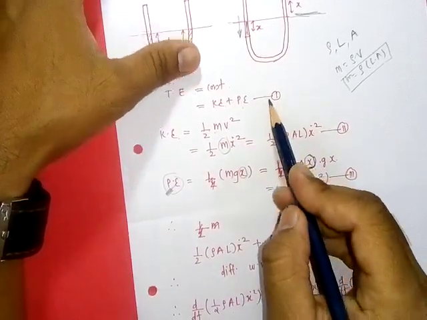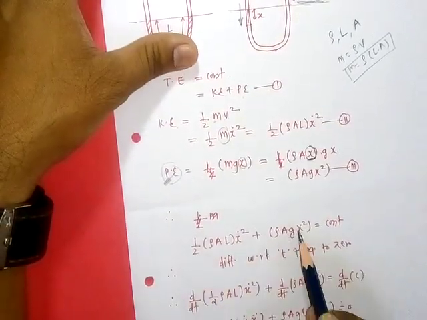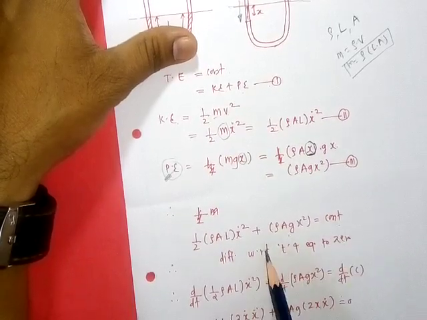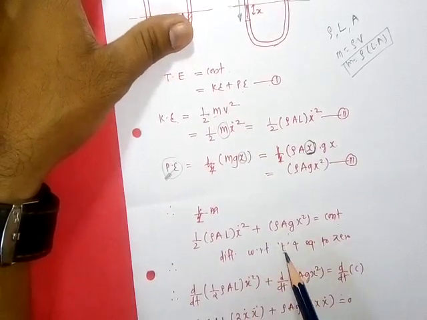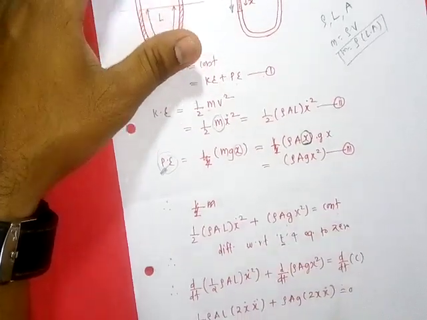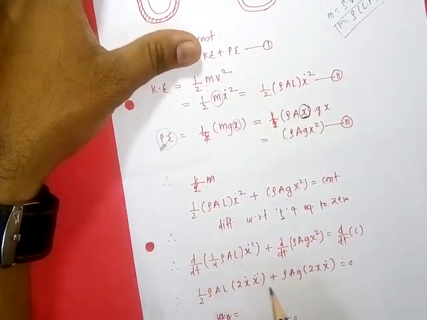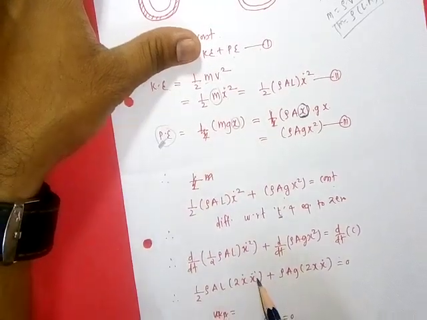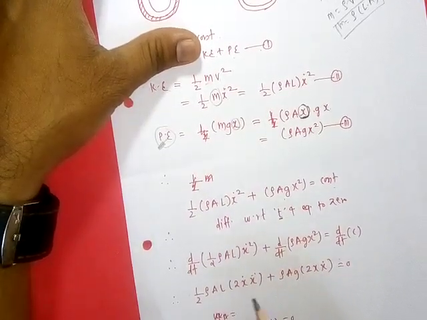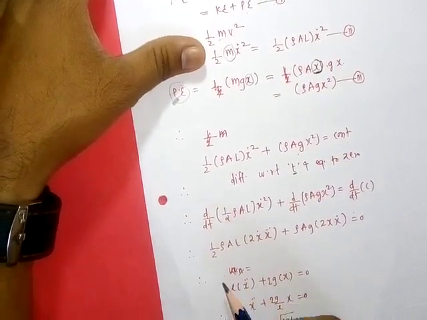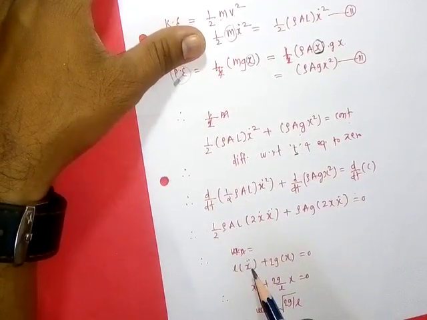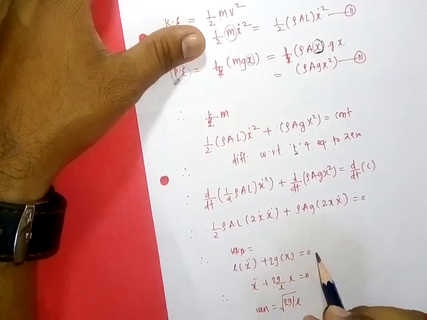Then putting in equation 1, kinetic energy plus potential energy is equal to constant, differentiating with respect to t and equating to 0, we get this. Now cancelling common terms, our final equation will be L x double dot plus 2 g x is equal to 0.